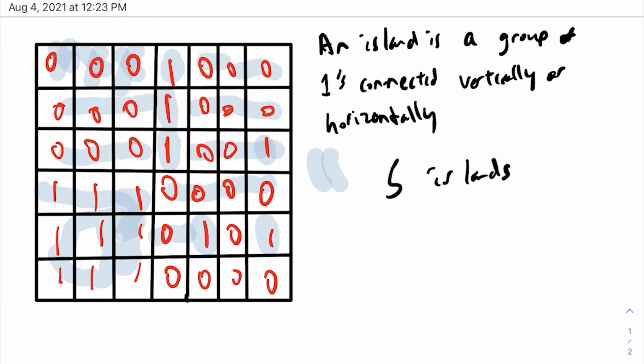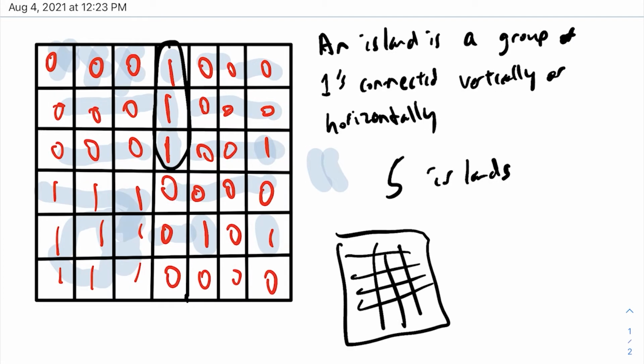Now the tricky part is to figure out which islands we have, like if this is part of a different island. So the way to mark each island as it's visited, you can either keep some kind of visited matrix, but the easier thing to do is actually just to drown each island.